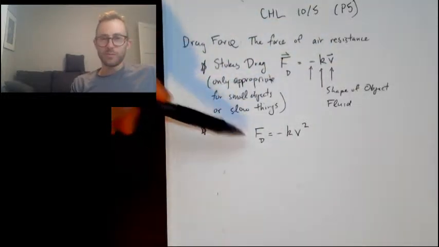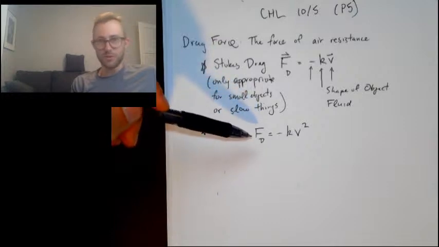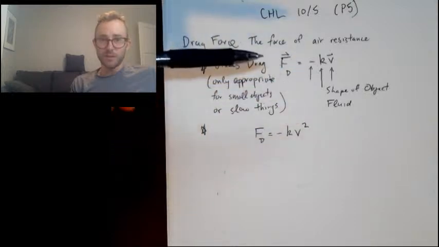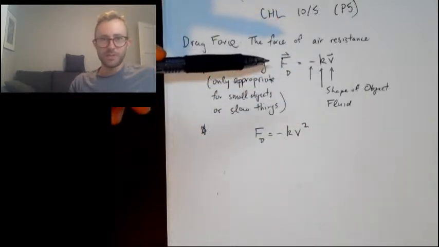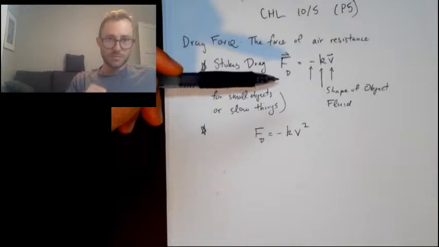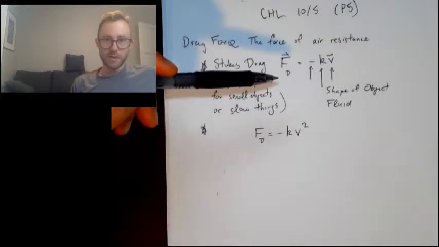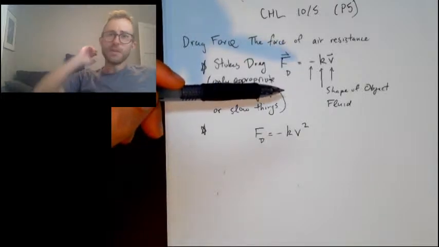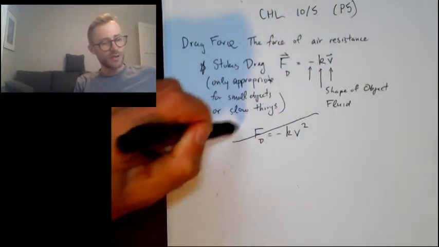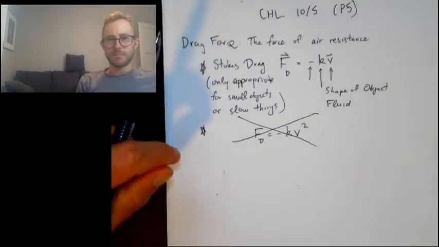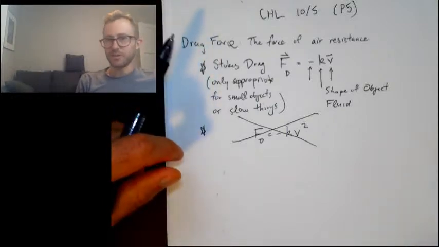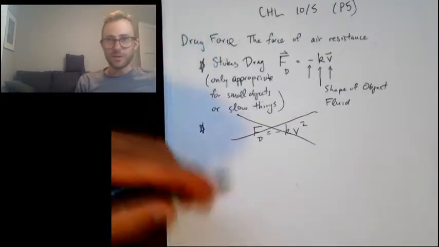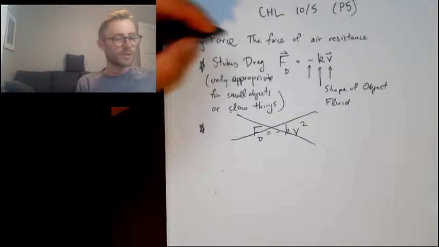For this form of drag, it depends quadratically on the velocity. So if you double the velocity, you quadruple the drag force. So it's a different model. But we're not going to use this one in this class, at least not until after the AP exam. If I decide to do a more advanced version of this lesson, then I would probably bring that in.